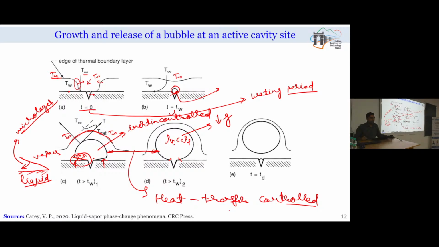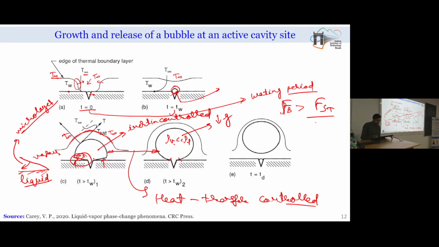When the size of the bubble increases, the liquid displaced actually increases. So the magnitude of the buoyancy force progressively increases with the size of the bubble. And when the buoyancy force becomes large in comparison to the surface tension force holding the bubble at the surface, the bubble will depart from the surface.